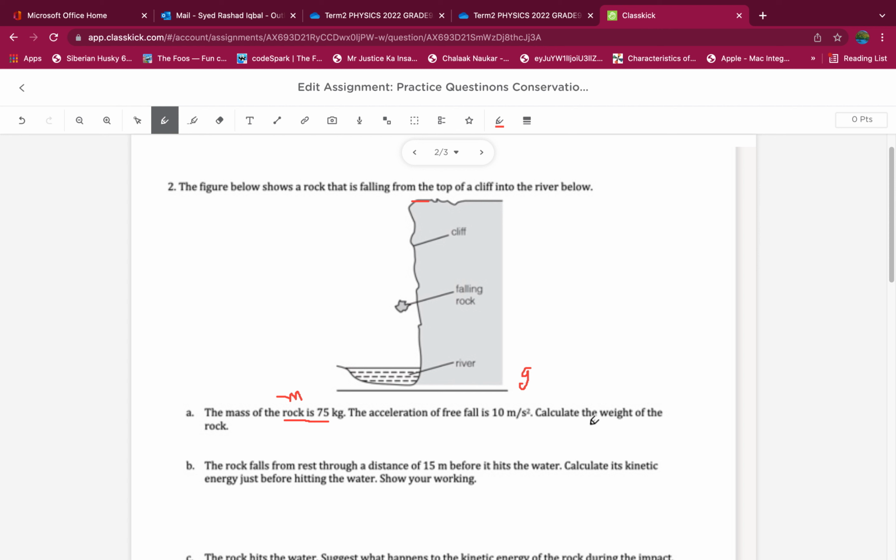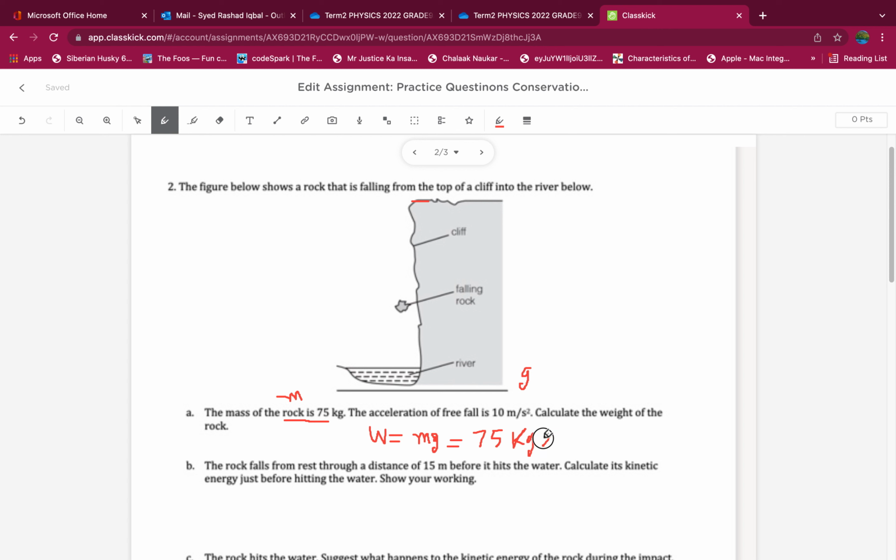So how will you find its weight? Can anybody tell me please? Simple thing. The equation for the weight is W equal to mg. You will use this formula, this equation. Now substitute the values in it. What is the mass here? The mass of the rock is 75 kg. So write here 75 kg. What is the value of g?